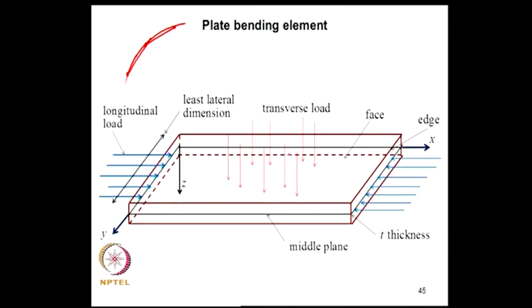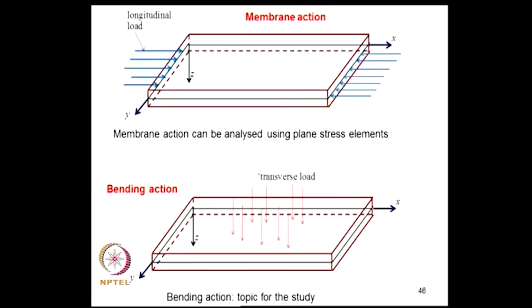These are called facet elements. So, there the issue would be we should consider the in plane action in conjunction with the transverse action. Assuming that the deformations resulting from each one of them are small, they can be treated separately, and we can consider this membrane action and the so called bending action, plate action, separately, and we can analyze this using plane stress model and this using one of the plate bending models that we have discussed.